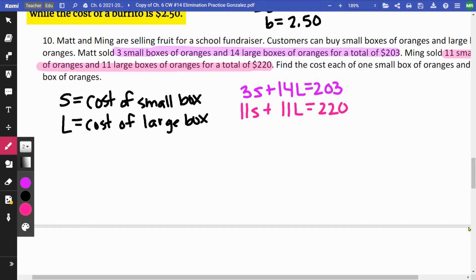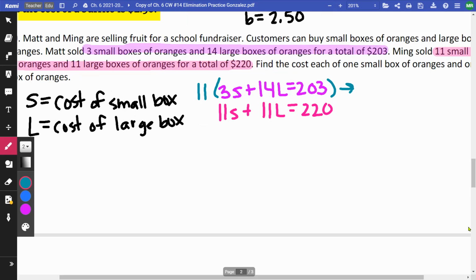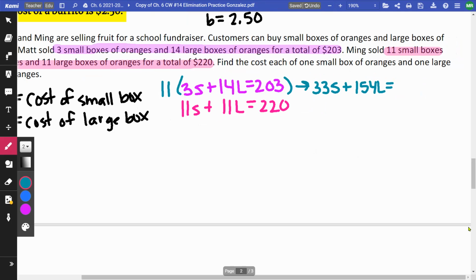So I am going to multiply the top equation by an 11. So that, when I do that, is going to give me 33S plus, and 14 times 11 is a 154L is equal to, and 203 times 11 is 2,233.